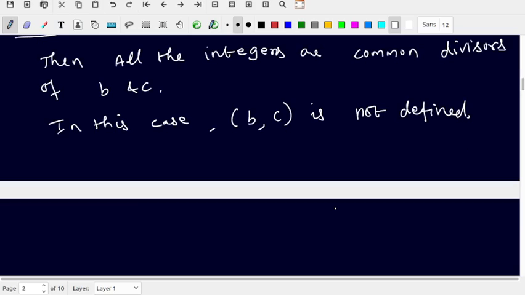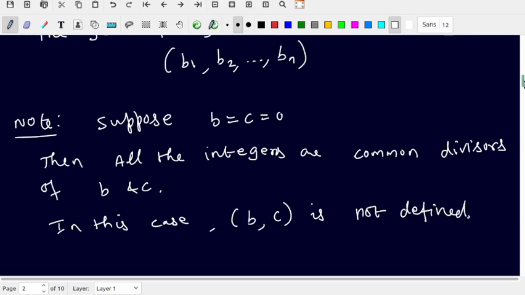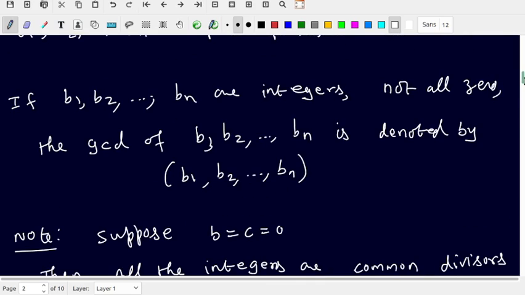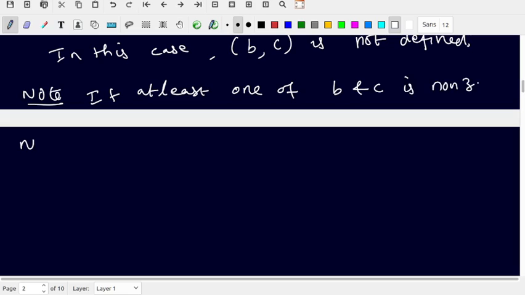That means all the integers are common divisors of b and c when b, c are both 0. 1 is a common divisor of any number, so the greatest common divisor is always greater than or equal to 1. Note, if at least one of b and c is non-zero, then the GCD of b and c is always greater than or equal to 1.